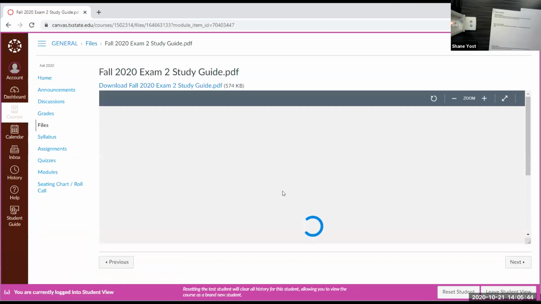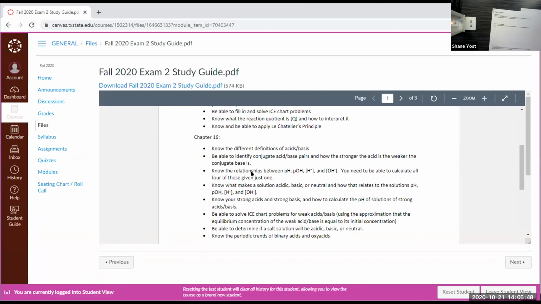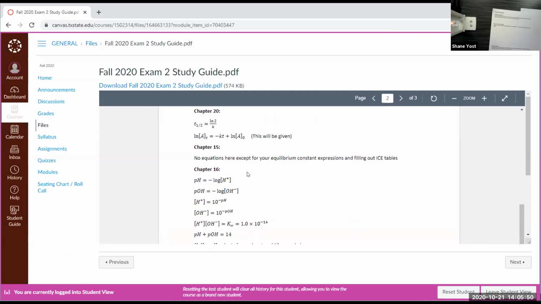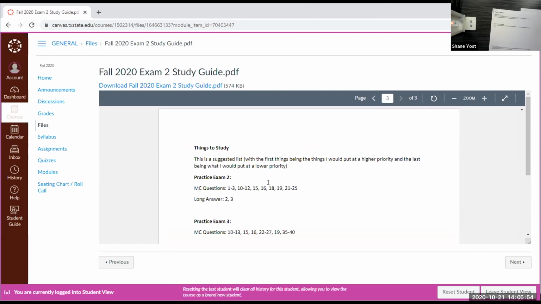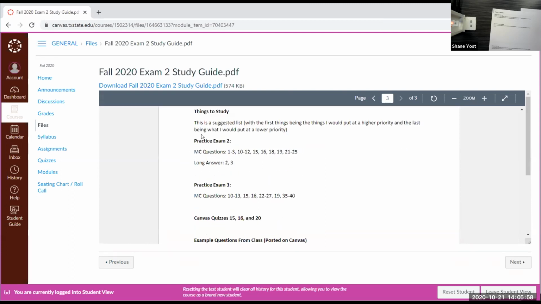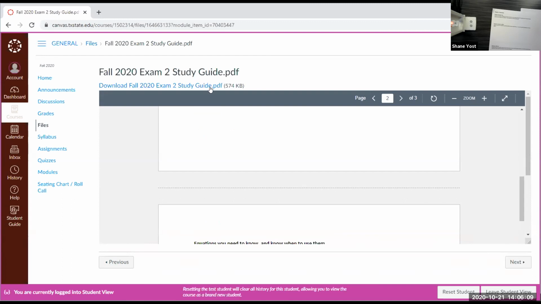In that file, you have a list of concepts for the different chapters, and different equations to be familiar with or memorize. For practice exams 2 and 3, it lists which multiple choice and long answer questions to consider when reviewing those exams.